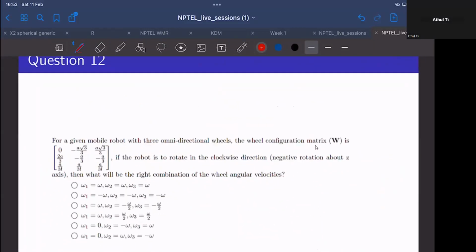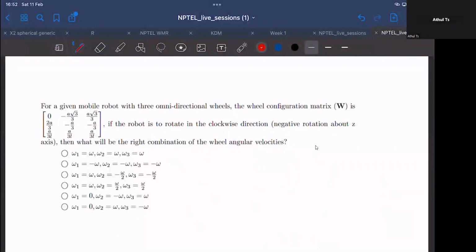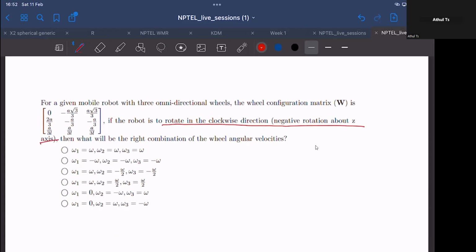And one more case regarding these omnidirectional wheels. It says the robot should rotate in the clockwise direction, negative rotation about the z-axis. So our zeta vector would look like 0, 0, negative constant, because clockwise rotation about the z-axis means we rotate about the negative z-axis.